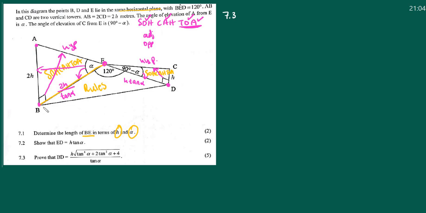For example, now they want you to find BD. When you check in this triangle BED, don't you have this side here, BE, this side here, ED, and you have 120 degrees? Then it tells you that I can use the cosine rule.